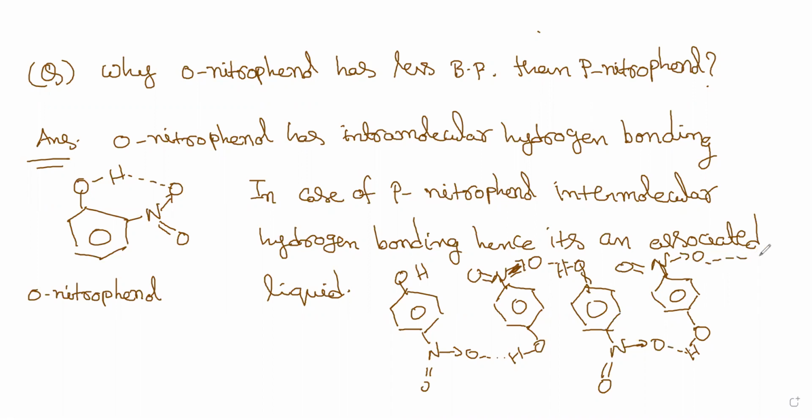Another molecule will come and get bonded, so you have an associated liquid. Because it's an associated liquid, you need to spend more energy to break these bonds. Many bonds you have to break. But ortho is like a single entity, a single piece. This one is associated. Unity is power. So it is very difficult to boil this.